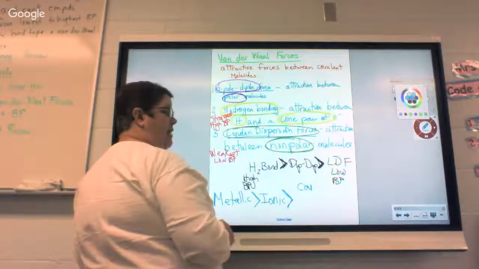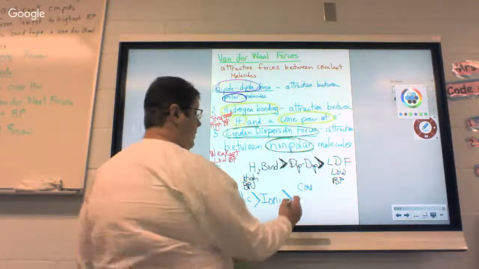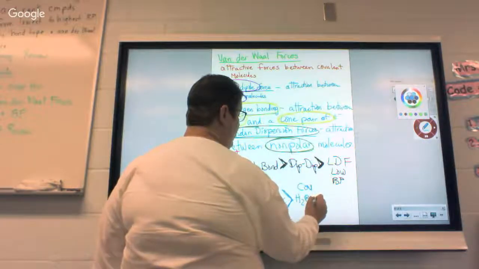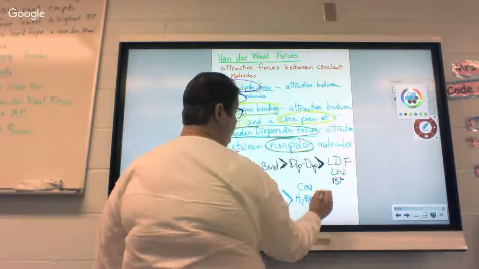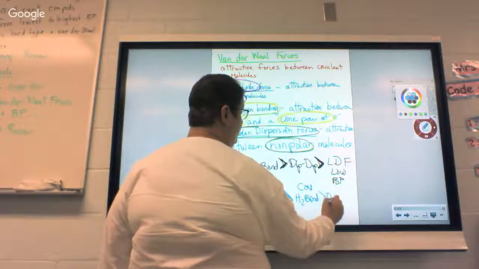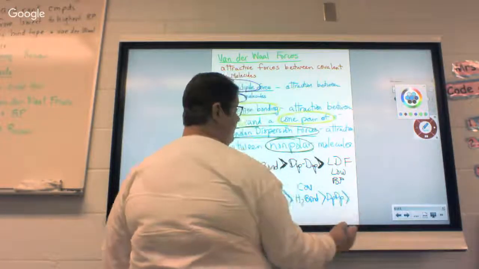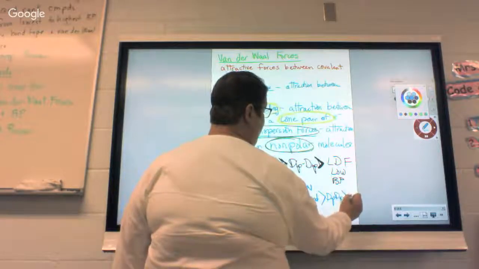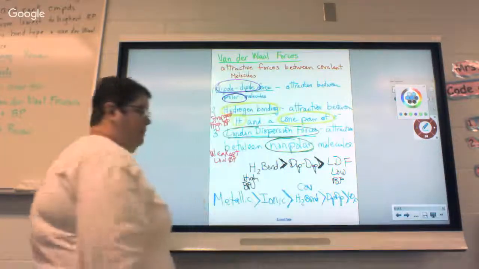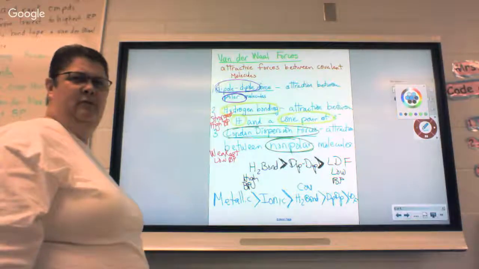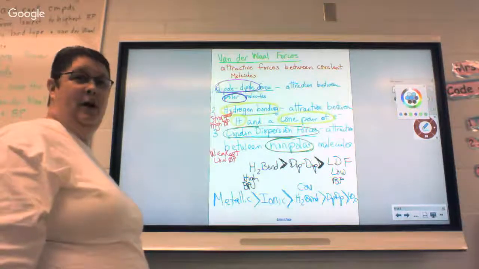Covalent can be subdivided into what 3 categories? Hydrogen bonding, and then dipole, and then LDF.